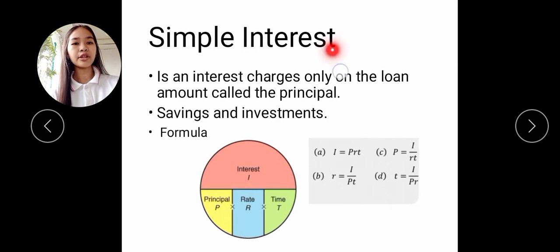So, simple interest. Simple interest is an interest charged only on the loan amount called the principal. It is used for savings and investments.